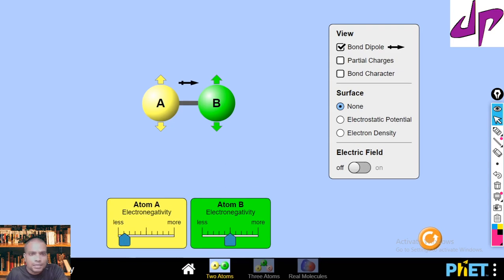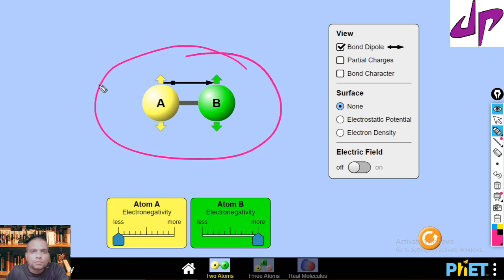If we increase or decrease the electronegativity, then that particular charge will be more negative. Suppose this atom A has very little electronegativity and atom B has some electronegativity. So this is the alignment of this particular molecule in the absence of the electric field.